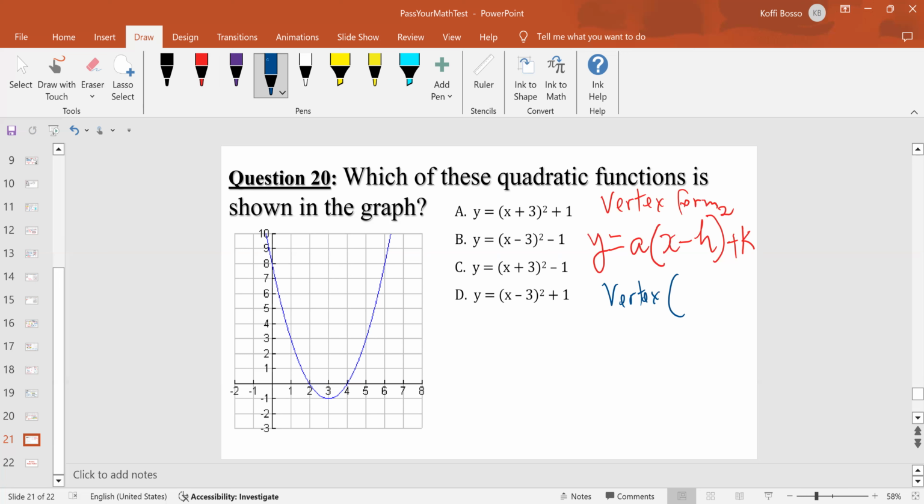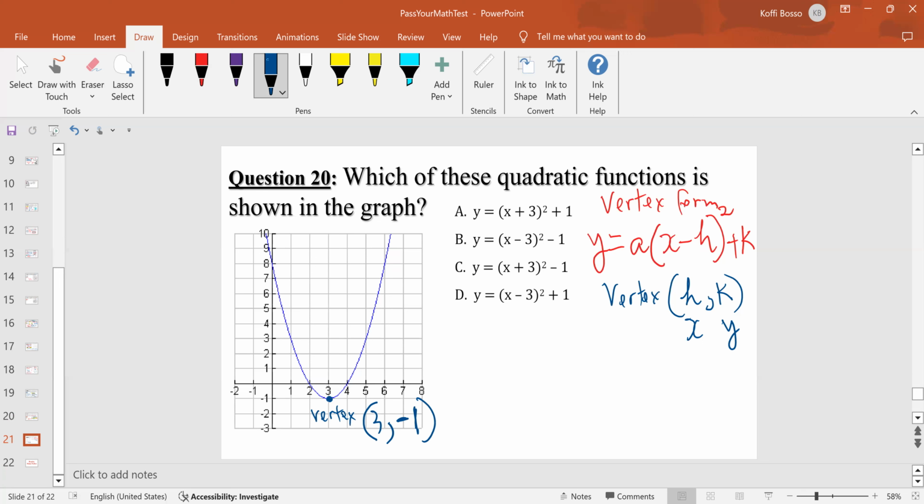So vertex is a point, it's the lowest point of the graph. This one here. That's the vertex. So that vertex has a coordinate h, comma, k. The x value is h and the y is k. So the x value is 3, comma, and the k value is -1.